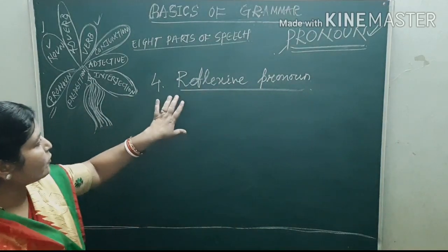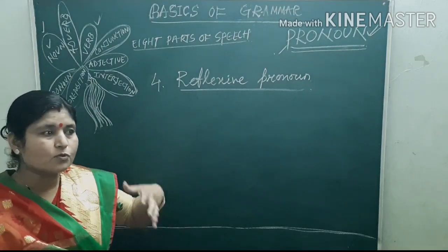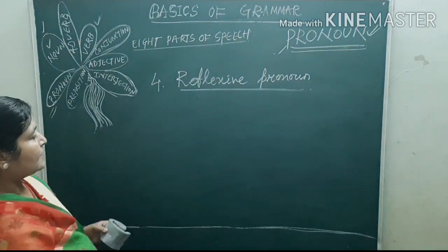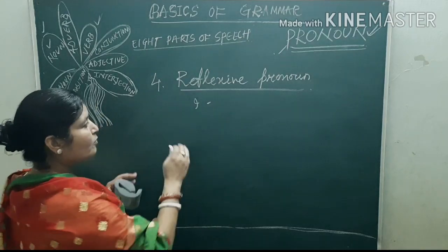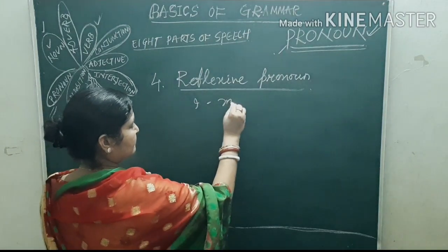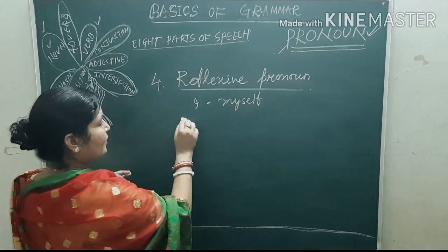So, what do you mean by reflexive? Reflexive means reflection. You are showing something to yourself only. How? For example, I have written here I. I, what is the reflection of I? Myself. You.